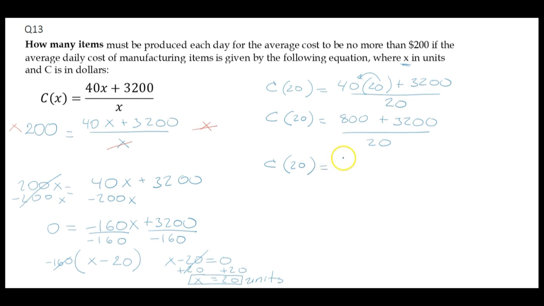That is going to give you 4,000 divided by 20. It's going to give you 200. So for 20 units, your cost is going to be $200. That checks. Good luck.